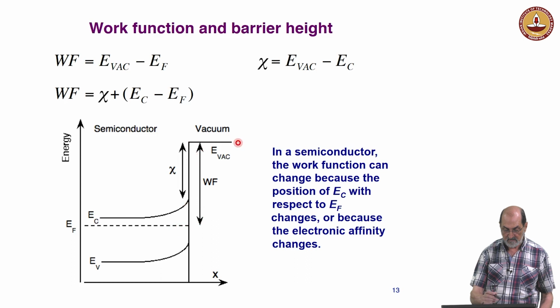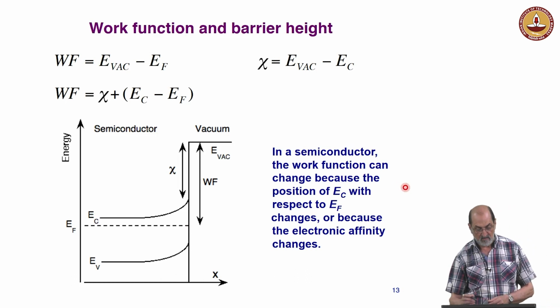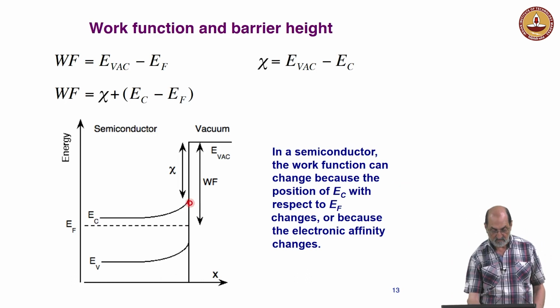And so the work function has two terms: chi, the electron affinity, plus the distance between EC and EF, from the bottom of the conduction band to the Fermi level. Well, in a semiconductor, the work function can change for two reasons: because EC minus EF changes, or because the electron affinity changes, right?